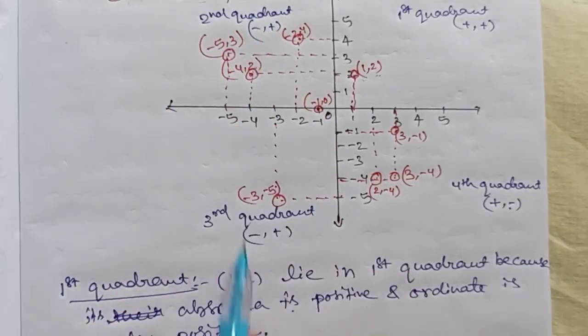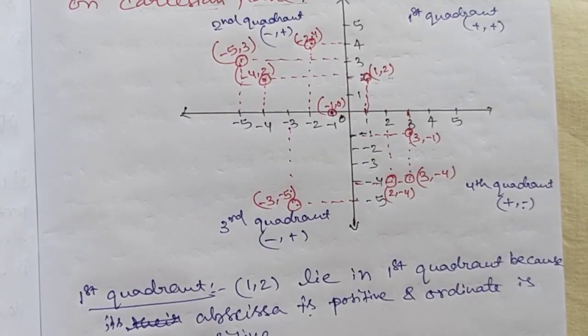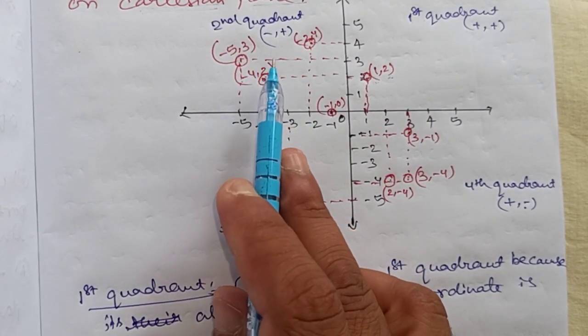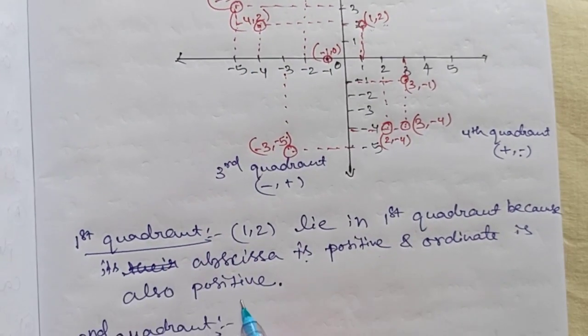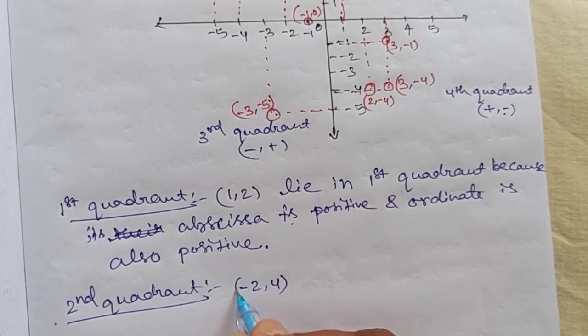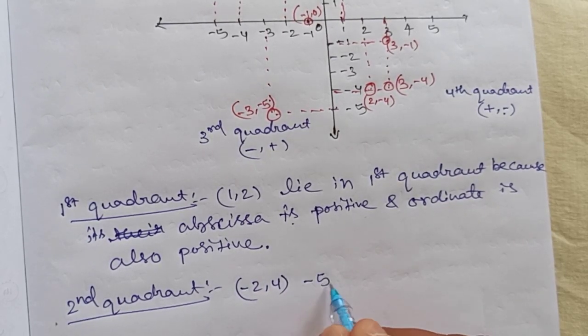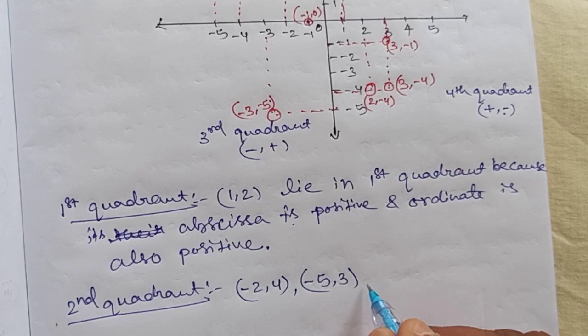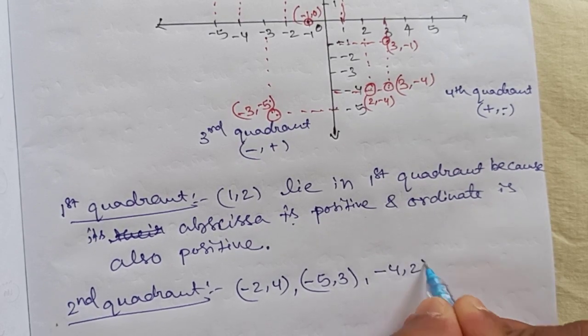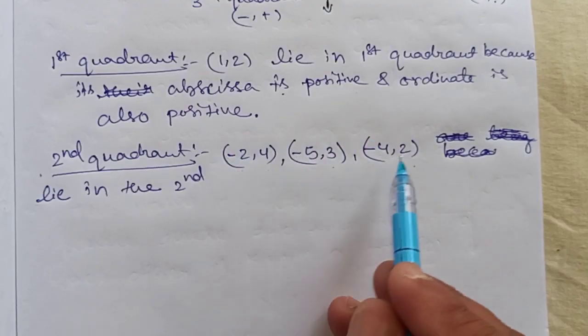Now in the second quadrant, the points which are lying are (-2, 4), (-5, 3), and (-4, 2). All lie in the second quadrant.